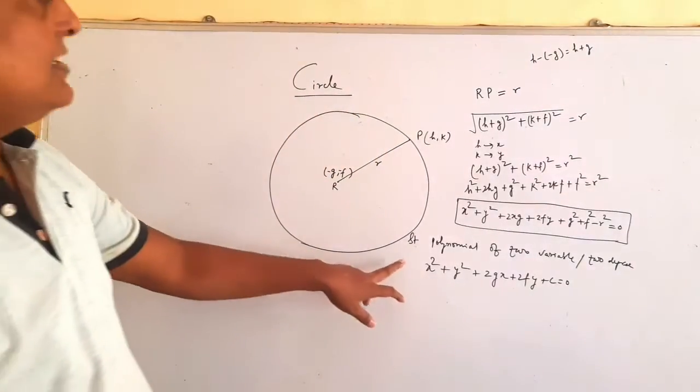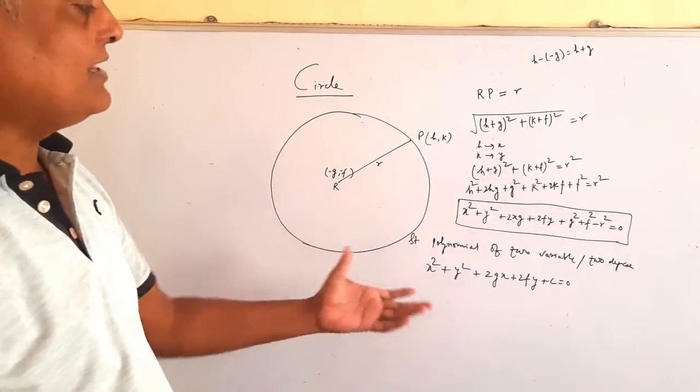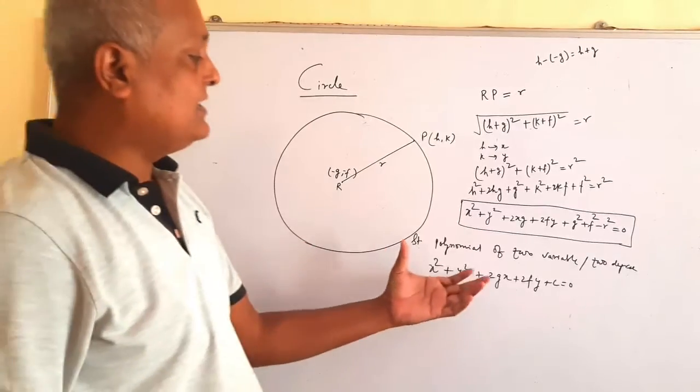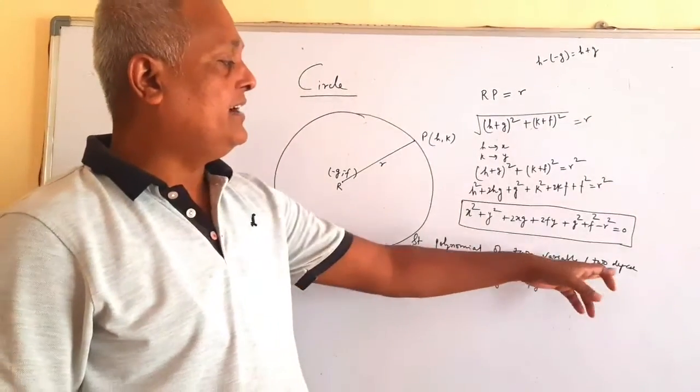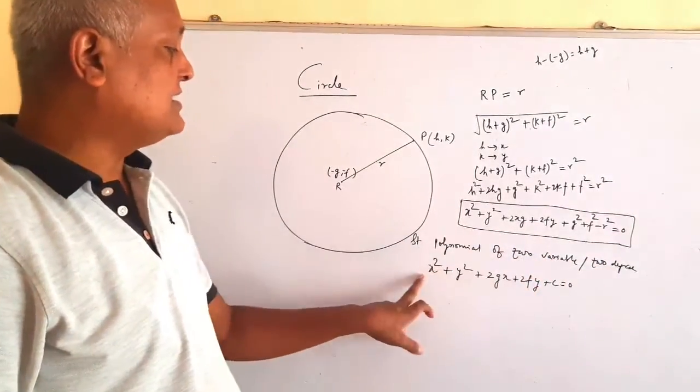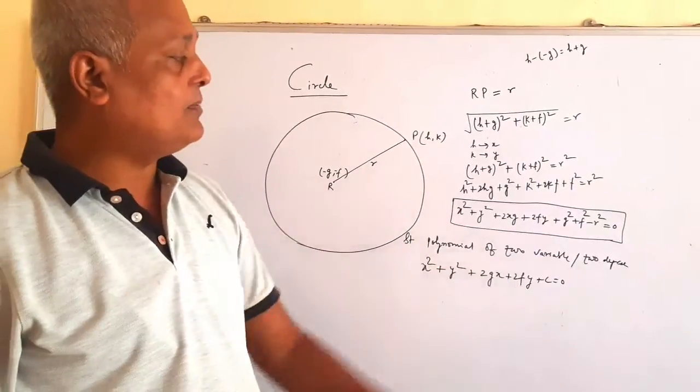This is the standard polynomial. Like if you multiply two linear components, you get a polynomial of degree 2 in two variables: x square, y square, 2gx plus 2fy plus c.